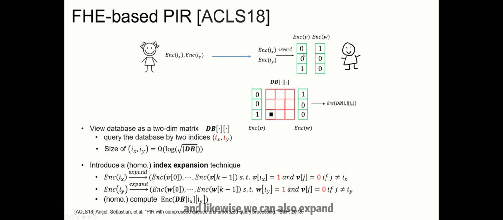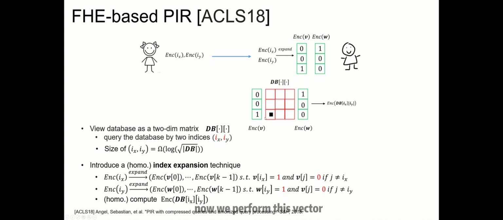And likewise, we can also expand the encryption of Iy to a 0, 1 vector with the Iy's element to be 1 and all the other elements to be 0. So in this example, Ix equals 2, and Iy equals 0.